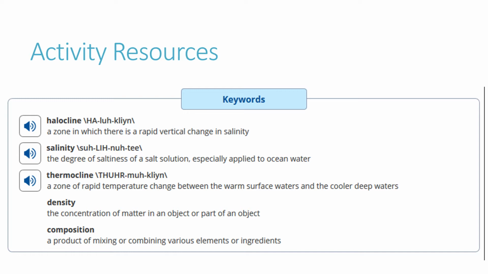Make sure that you know these and study these throughout the unit. Also, if you click here on this button, it will pronounce the word for you so that you know how to say some of these bigger words that you may not know yet. But as you can see, we have 5 new words that I would like you to focus on for this lesson.